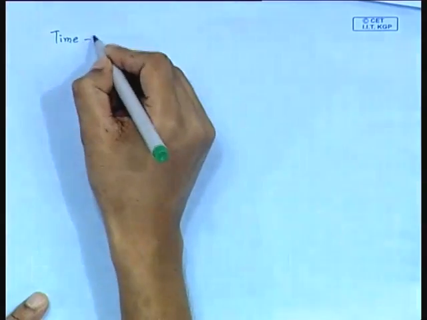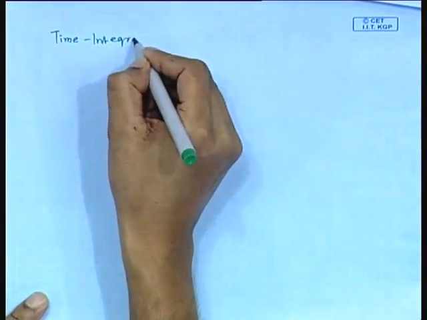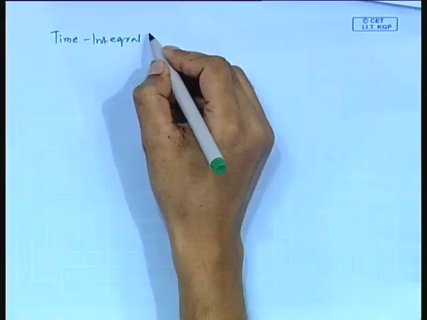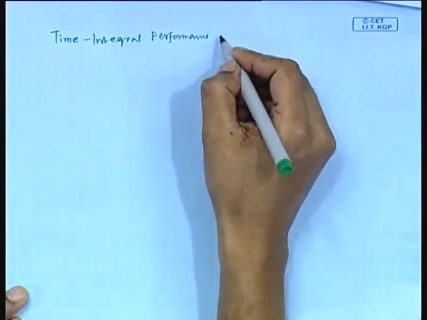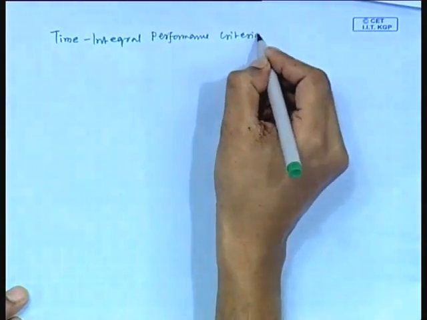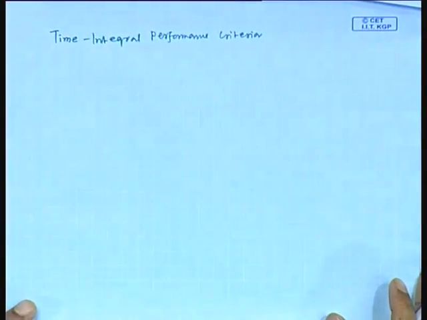So, in that way, the time integral performance criteria is considered for tuning the control parameters. So, we will consider the time integral performance criteria, which takes into account the response throughout the period.